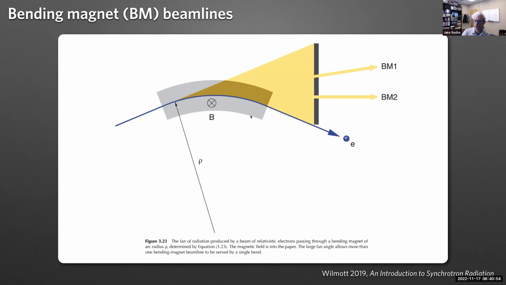Okay, so I was saying previously that our limit was about 3 millimeters in width. At a bending magnet, you get more width than that, but you still are limited in terms of height of the beam. So at 2 BM, the height limit is about 2 millimeters.